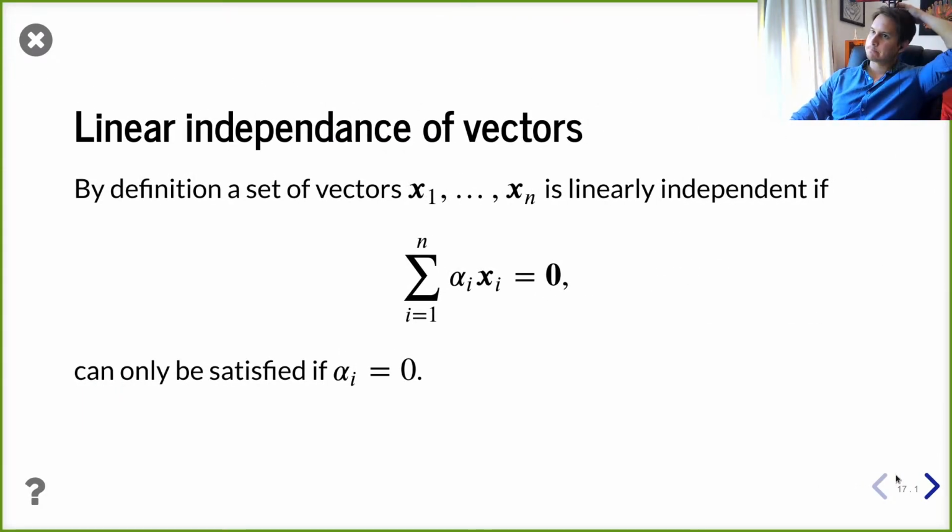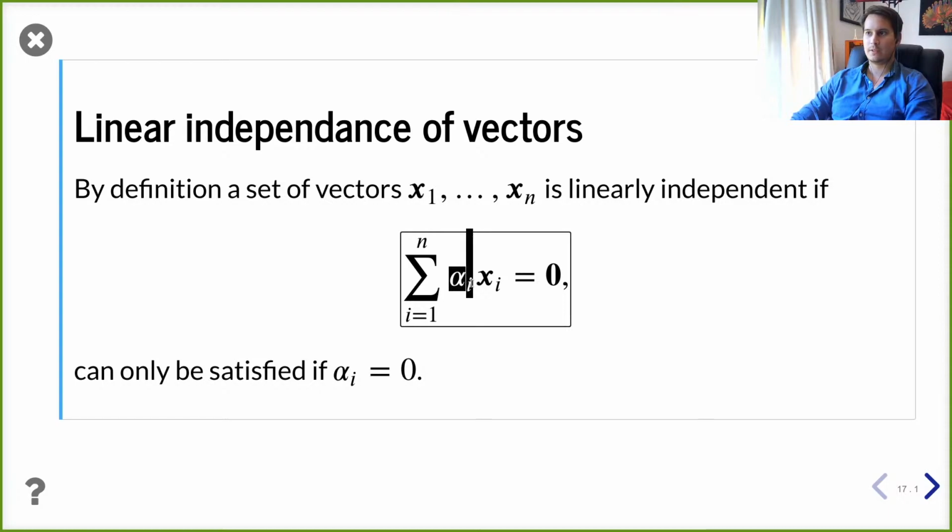Okay, so another thing I need to show you is a little bit more about the linear independence of vectors. As you have already seen in class, by definition, a set of vectors x1 until xn is linearly independent if the linear combination of all of them is equal to 0 only if these coefficients alpha are exactly equal to 0.